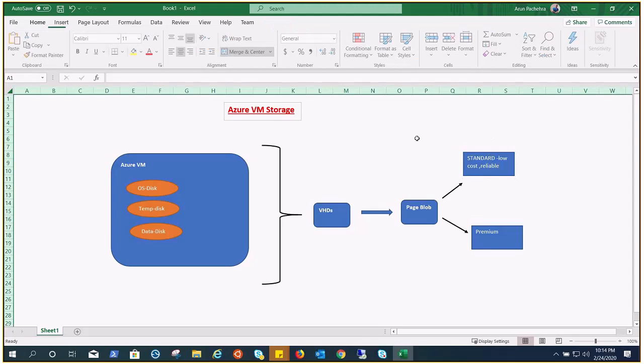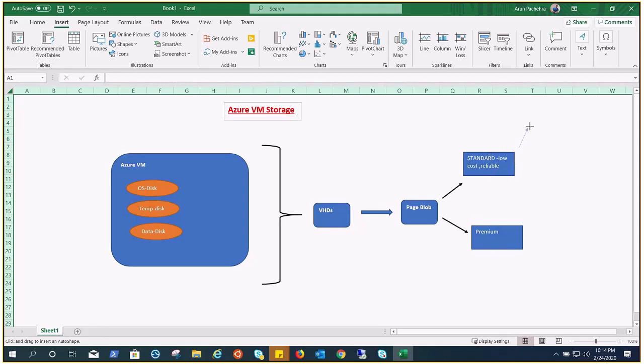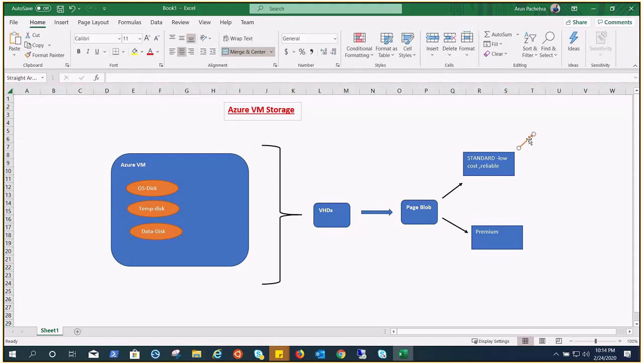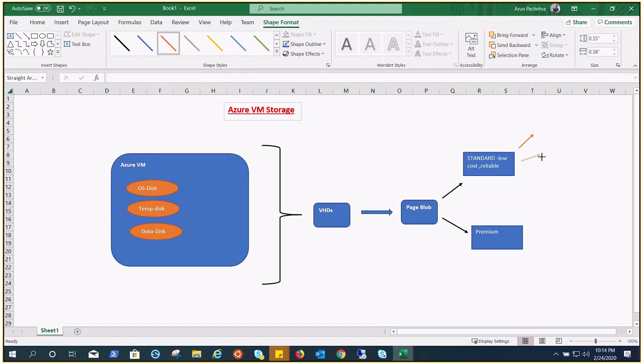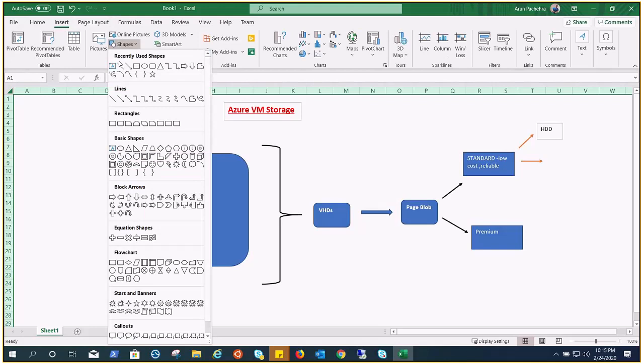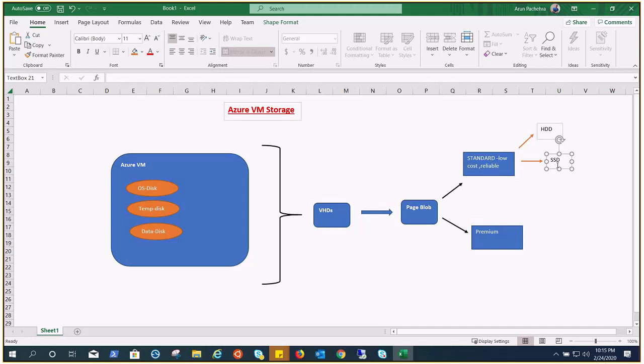And it could be two kinds. These are further divided into two, HDD and SSD: SSD, solid state disk, and hard disk.